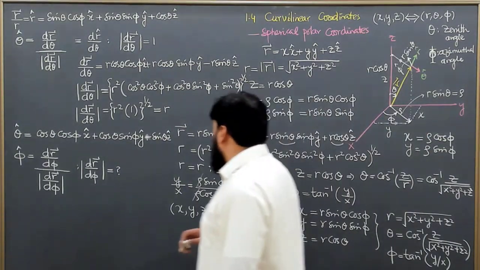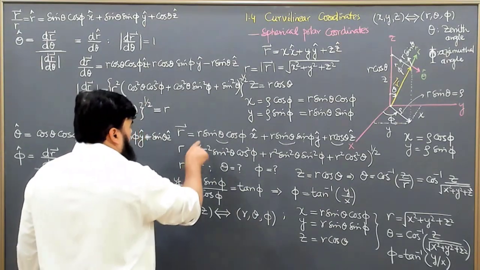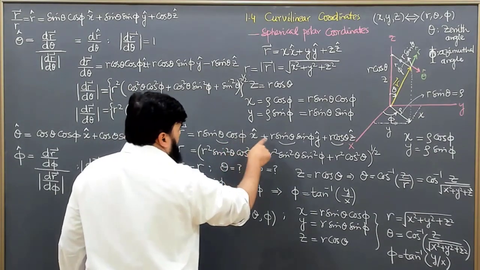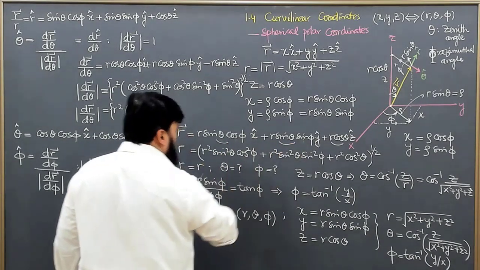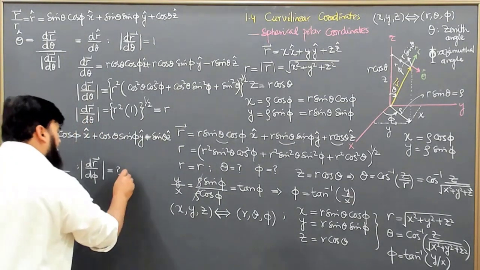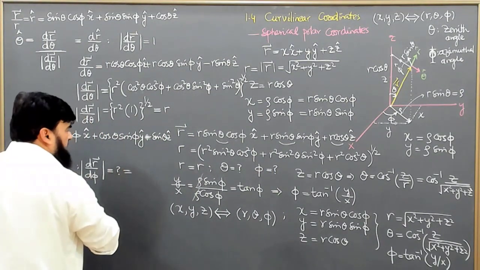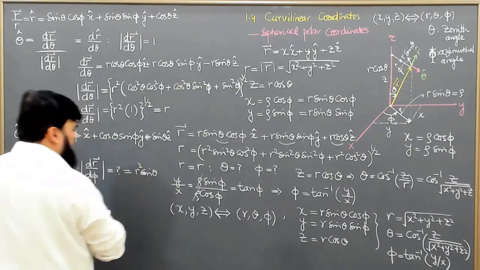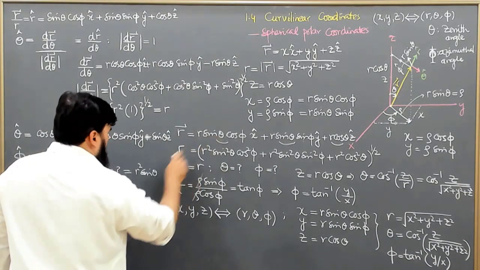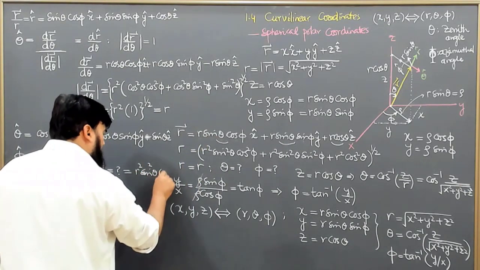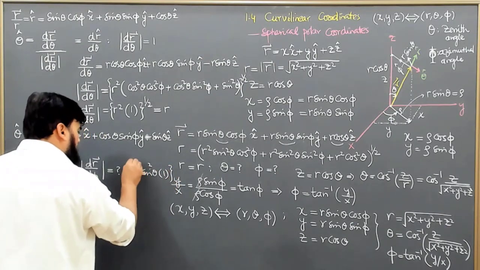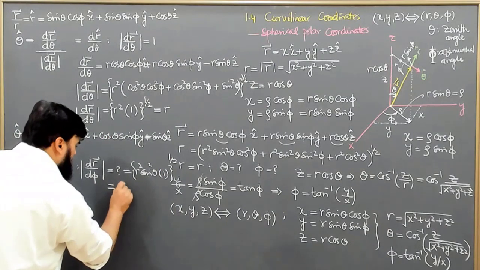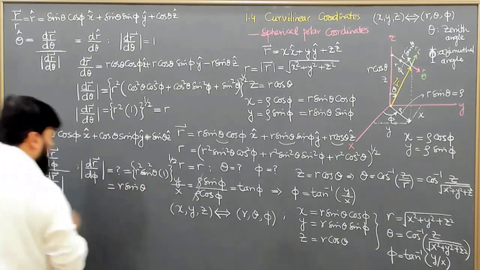When I take the magnitude of this one, it becomes r square sine square theta times sine square phi plus cos square phi, and that is equal to 1. So we have r square sine square theta, times 1, and then we take the square root of it. So this comes out to be r sine theta.